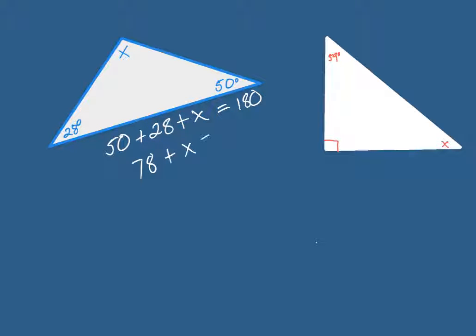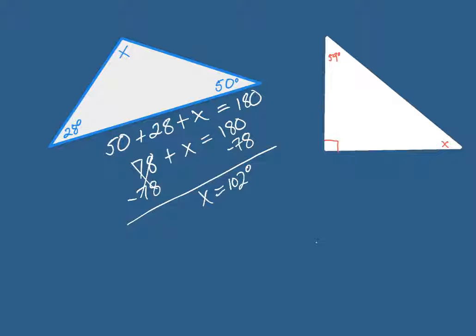We're left with plus x equals 180. Then to solve for x, we do the inverse, which is minus 78, minus 78. And 180 minus 78 is 102. So the measure of x must be 102 degrees.